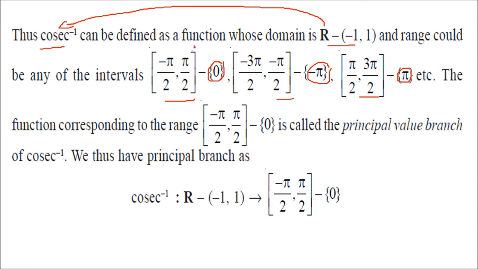So we will take this partition, this range actually, minus pi by 2 to pi by 2 except 0, and we will call it the principal value branch of cosec inverse. So finally, for the inverse cosec function, the domain will be all real values except from minus 1 to 1, and the range will be minus pi by 2 to pi by 2 except 0.